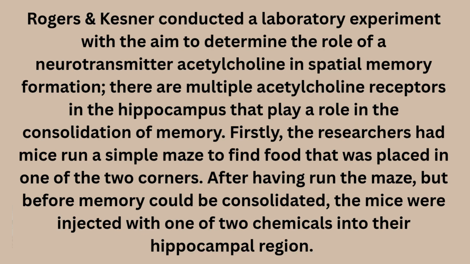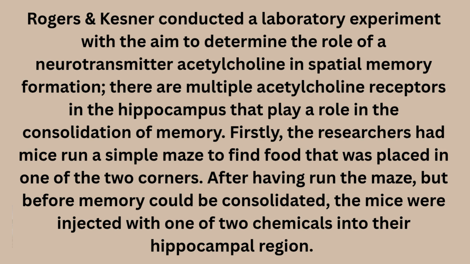Rogers and Kessner conducted a lab experiment with the aim to determine the role of the neurotransmitter acetylcholine in spatial memory formation. There are multiple acetylcholine receptors in the hippocampus that play a role in the consolidation of memory. Firstly, the researchers had mice run a simple maze to find food that was placed in one of the two corners.